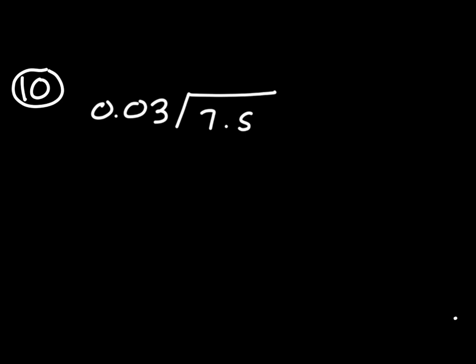Question 10 asks us to divide 7.5 by 0.03. But remember, we need this divisor to be a whole number. To get this to be a whole number, we need to multiply by 100. And if we multiply the divisor by 100, we need to multiply the dividend by 100 as well.